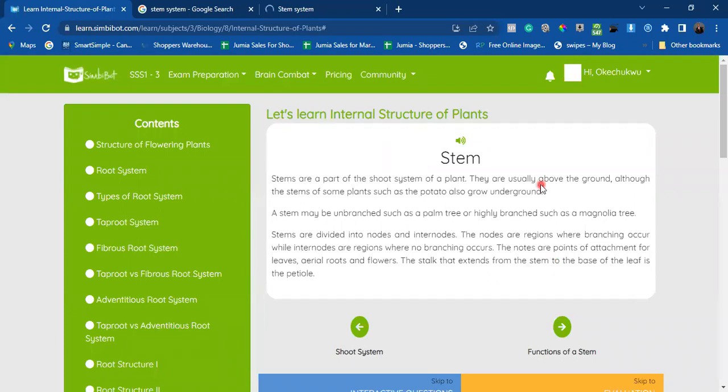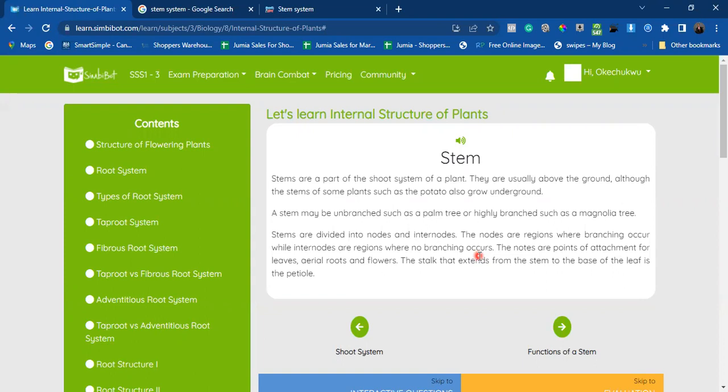The nodes are where branching occurs. Internodes are regions where no branching occurs. I've shown you with pictures so that you have a better understanding of it. So the leaves attach to the branches through the nodes.